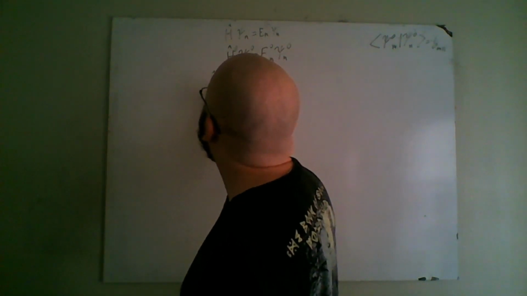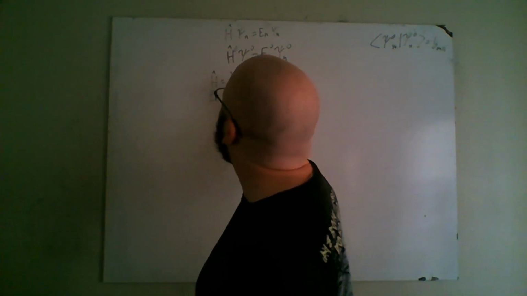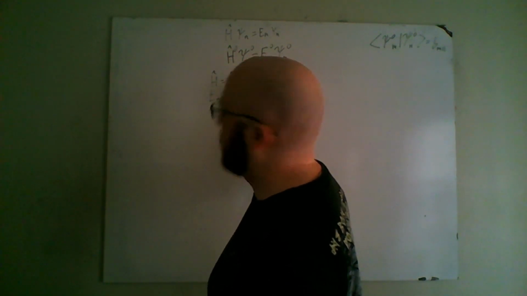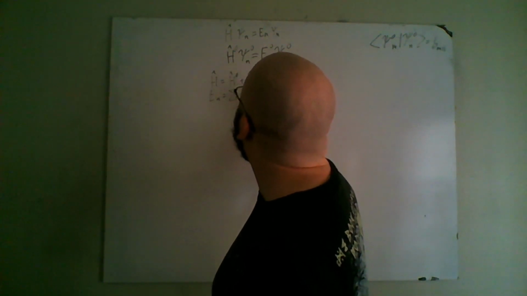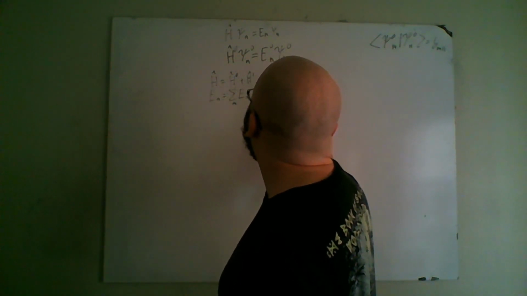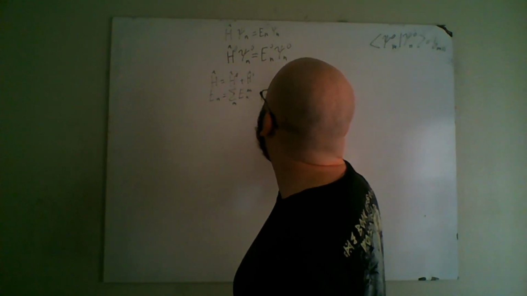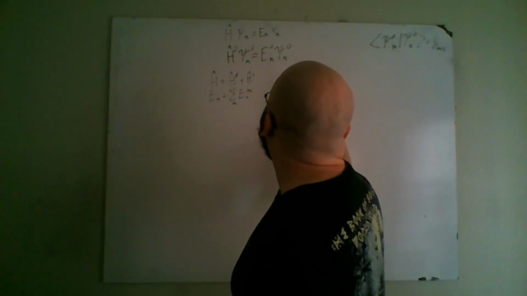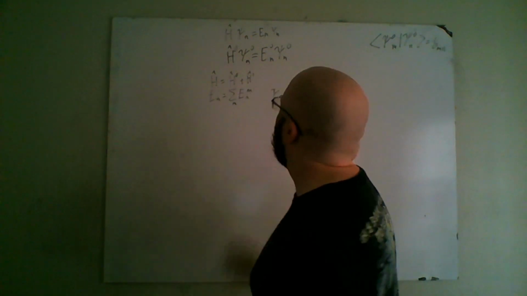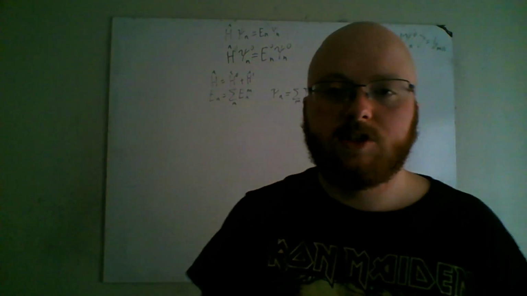So E n is simply the sum of all the E n m's. Likewise, psi n is the sum over all the m's of psi n m. Okay, so those are just definitions that we're going to bring in.